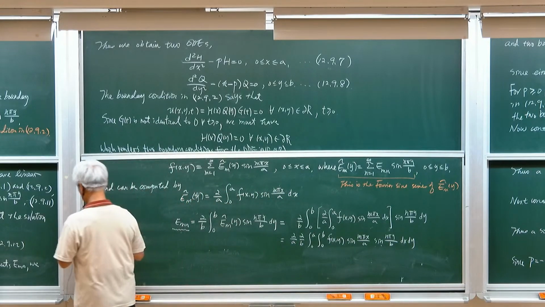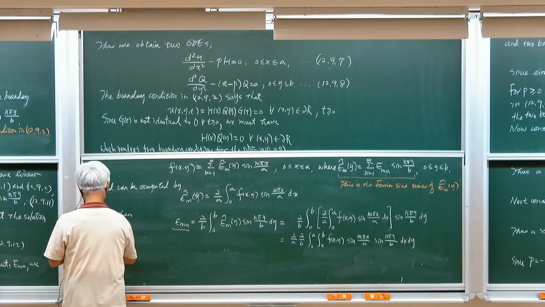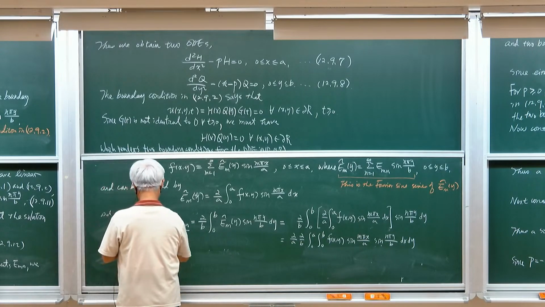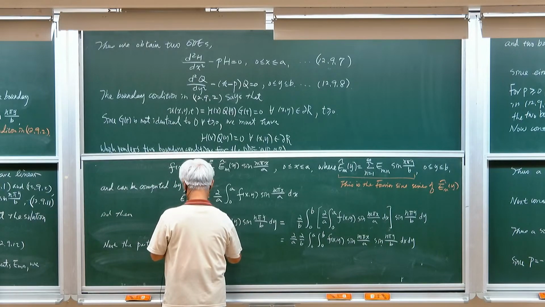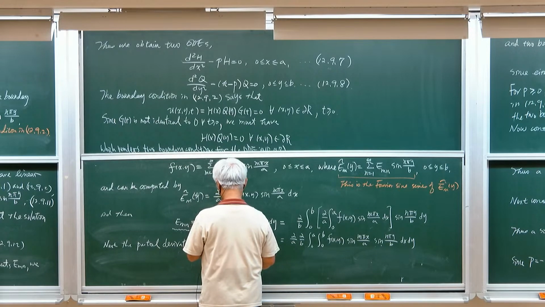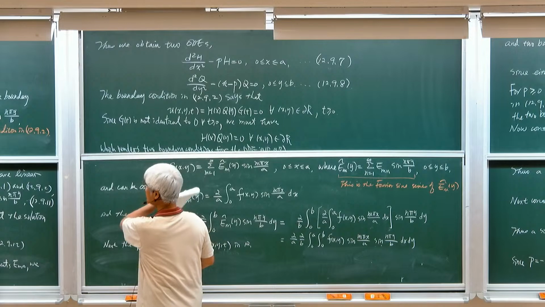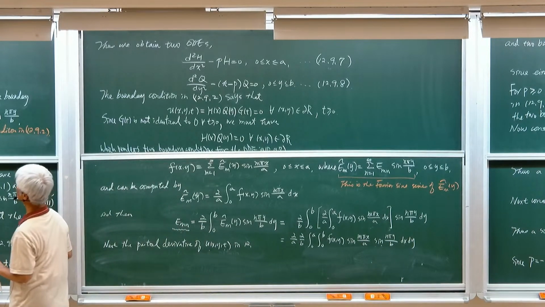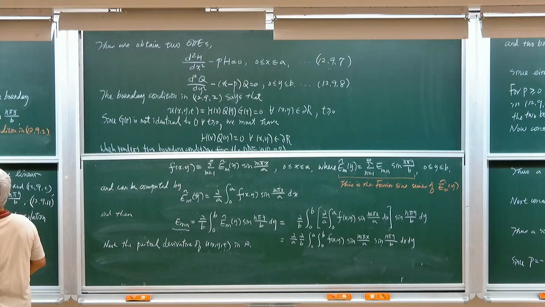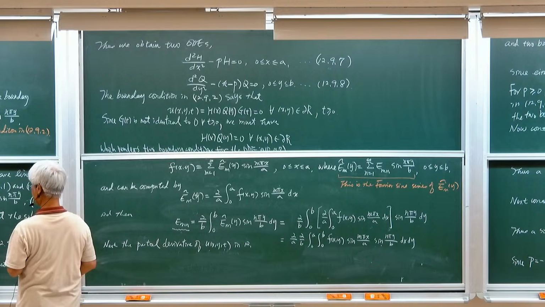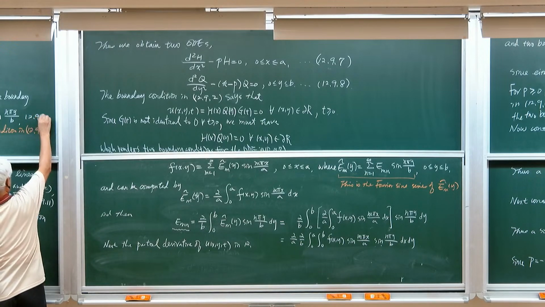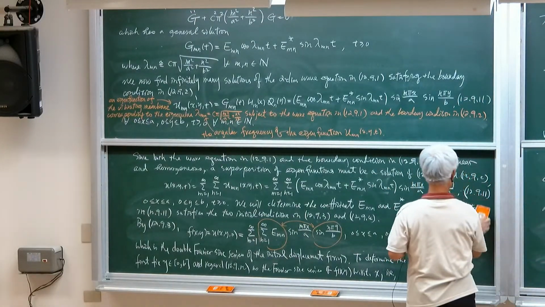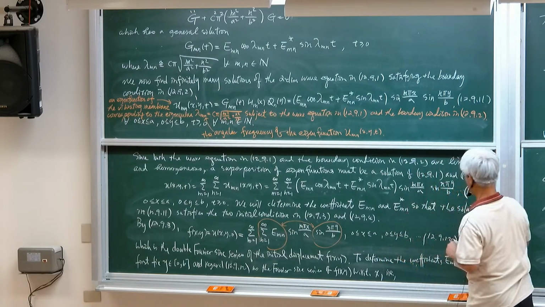Now with the initial velocity, next, the partial derivative of u(x, y, t) in 12.9.11.